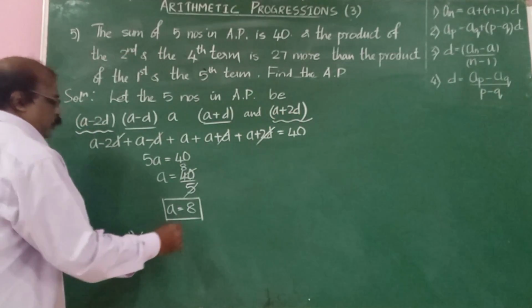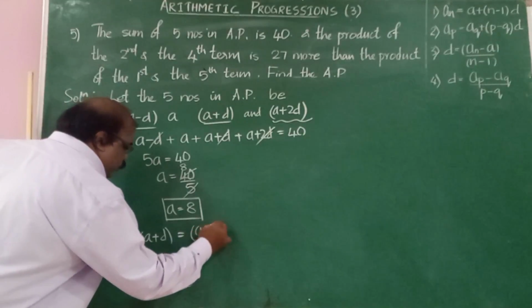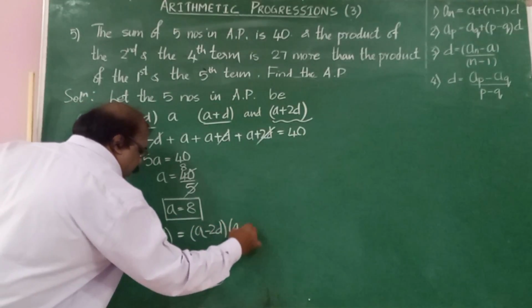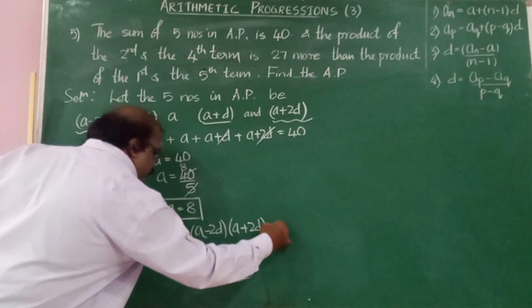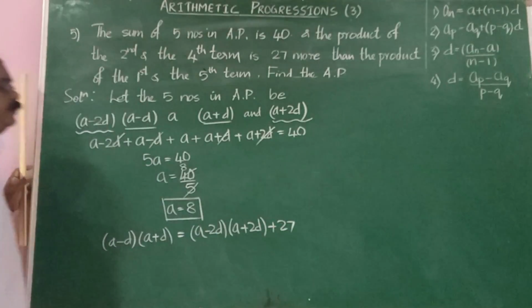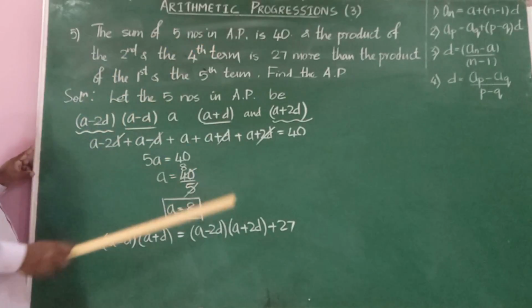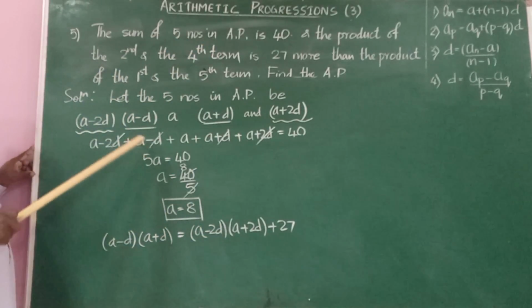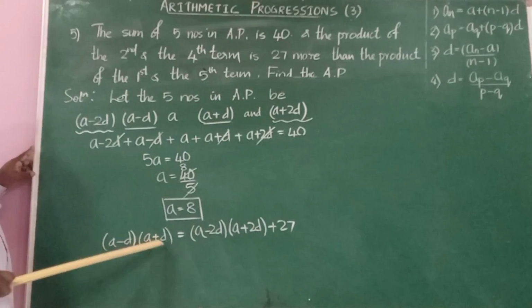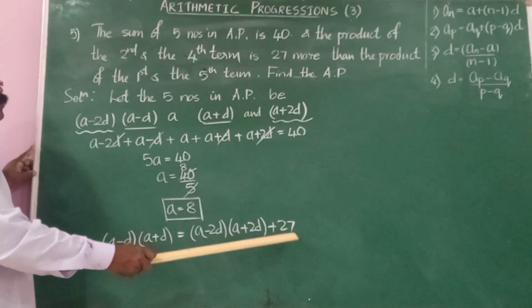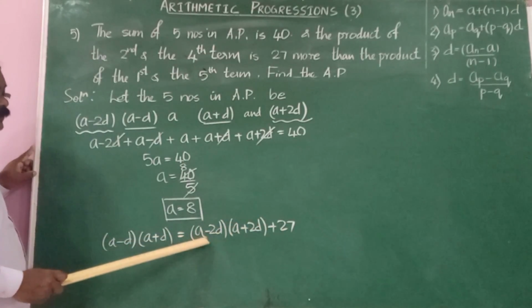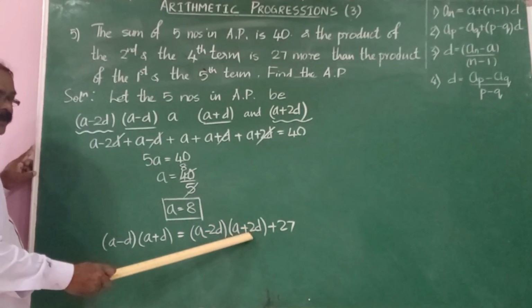So this is equal to A minus 2D, A plus 2D plus 27. Look at the second condition.